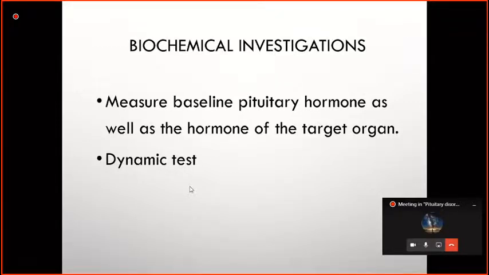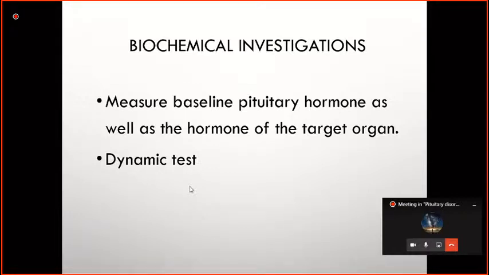A dynamic test is usually done mainly for confirmation, to confirm a disorder. It is basically to challenge. It is mainly to test for the pituitary reserve. It's not only for pituitary reserve, also the hormone reserve of the target organ as well.